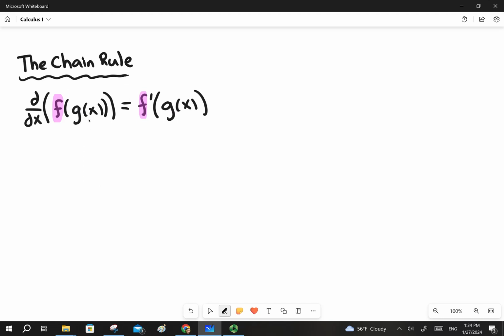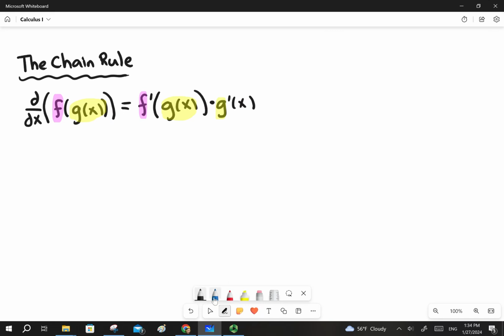So it was g of x on the inside, it's still g of x. Then, to account for the fact that g of x is itself a function, we multiply by g of x's derivative. So the way this is commonly said is that the derivative of a composition of functions is the derivative of the outside function evaluated at the inside function times the derivative of the inside function.